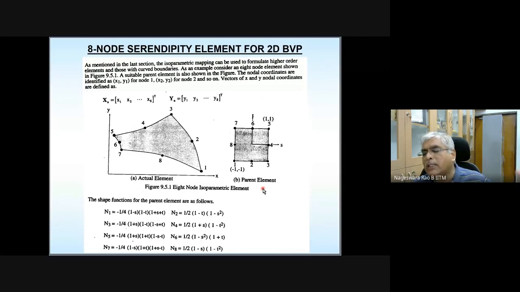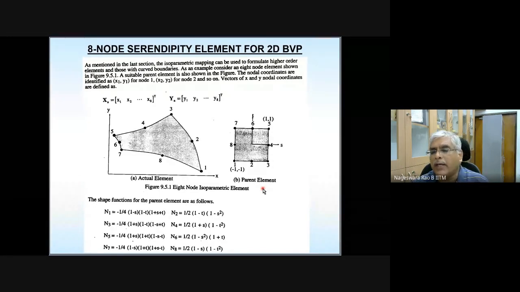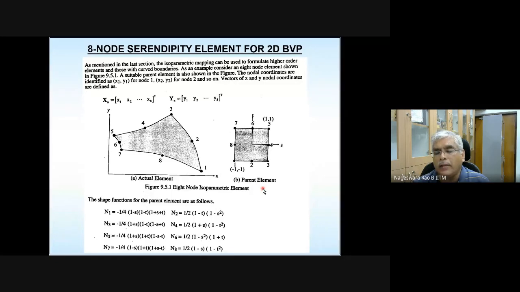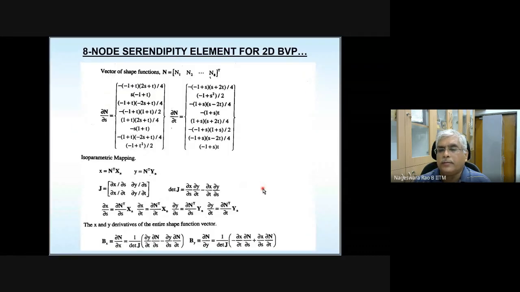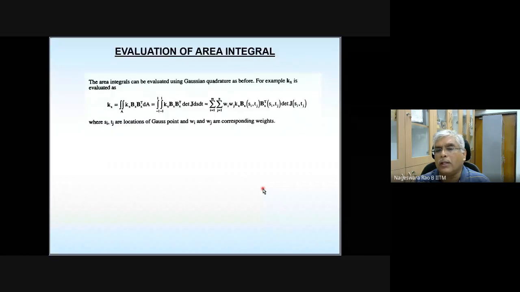Only thing is the dimension is going to increase. For the 4-node element, the shape function vector n is going to be 4 by 1, and n transpose is going to be 1 by 4. Whereas for the 8-node element, n is going to be 8 by 1, and n transpose is going to be 1 by 8. You can go through all this.